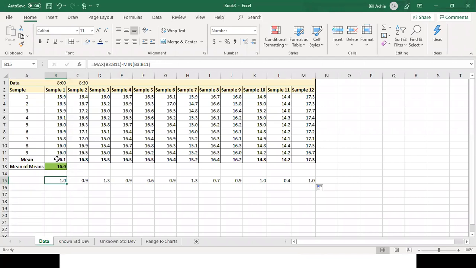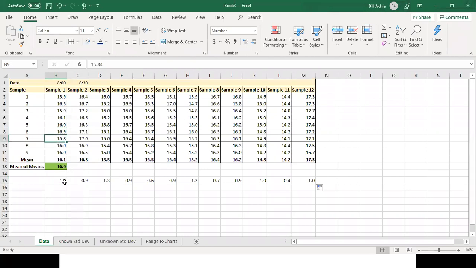If I look in the table here, the largest value is 16.9, and our smallest value, let's see, is that our largest value? I believe it is. So I get a 1 here.